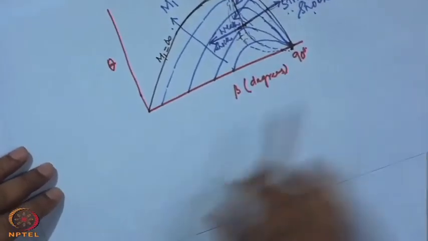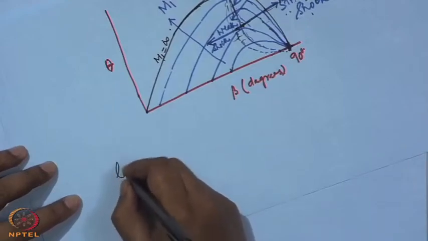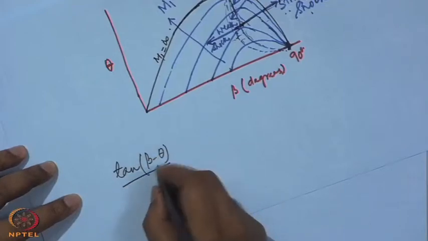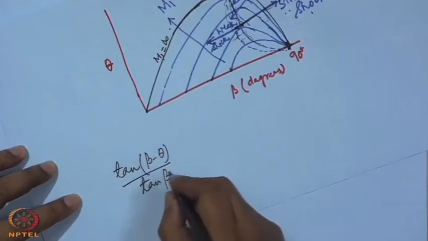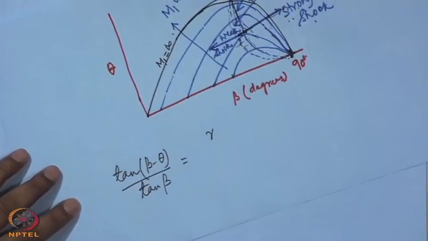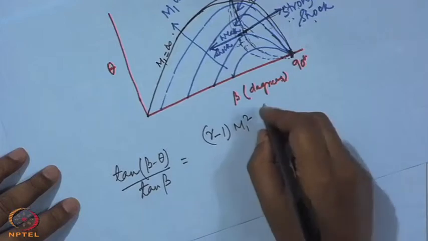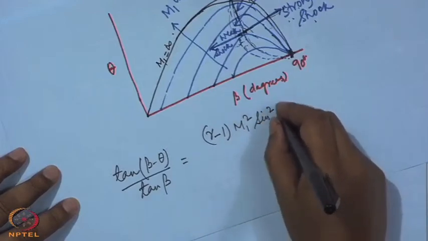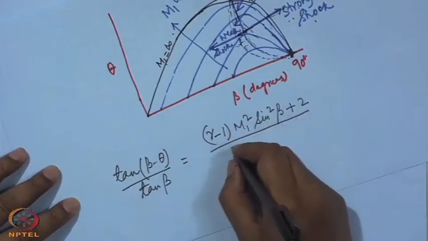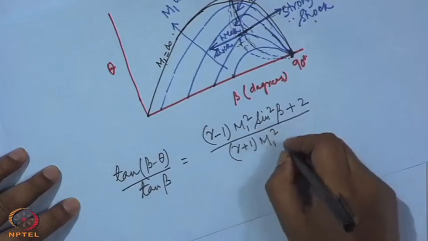Now, going back to the theta beta relation in this form, that is, tan beta minus theta by tan beta equal to gamma minus 1 M1 square sin square beta plus 2 by gamma plus 1 into M1 square sin square beta.